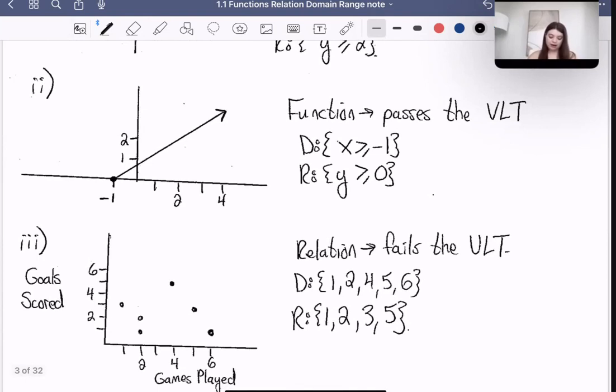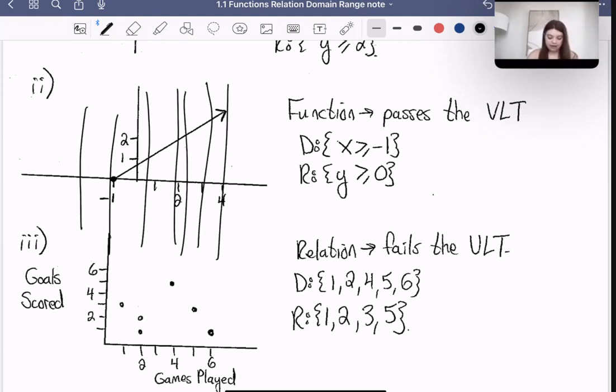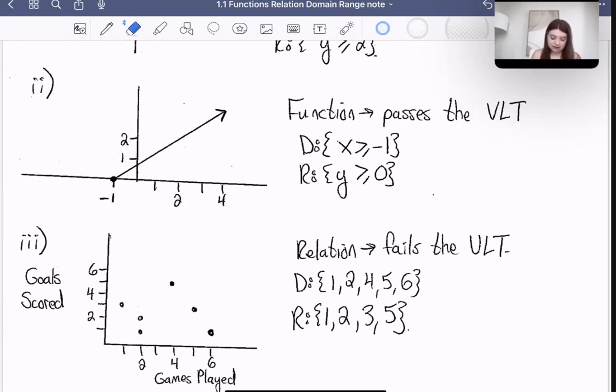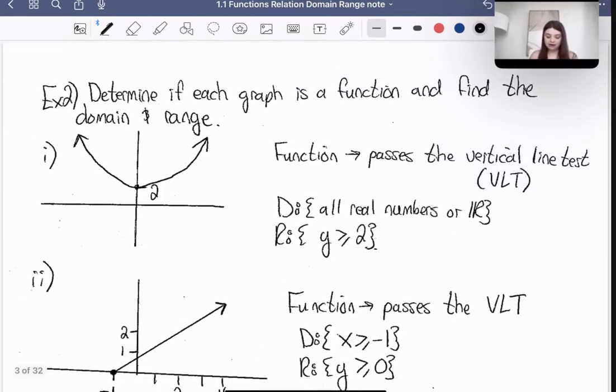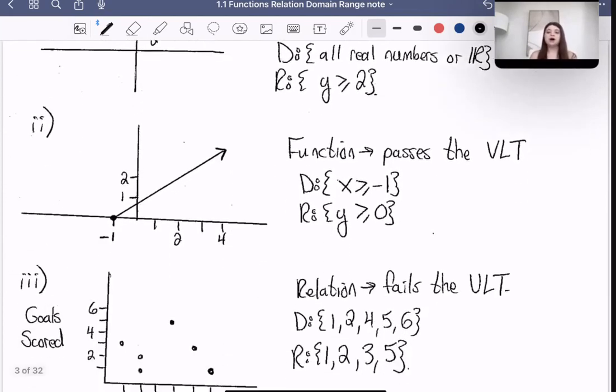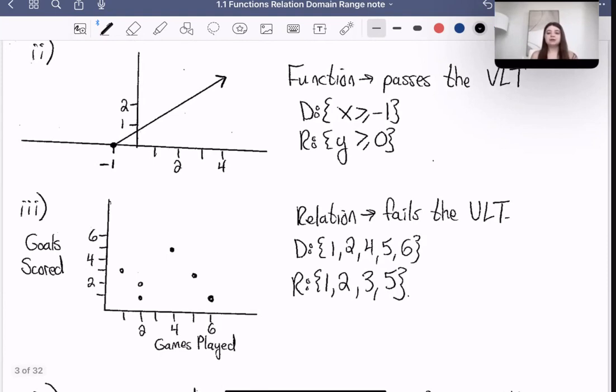This is a line, and so since it's not a vertical line, this does pass the vertical line test because there's no vertical line that I could draw here where I would end up hitting two points on my graph. Okay, so this is indeed a function. In fact, all non-vertical lines are functions, and all quadratics with the y equals ax squared plus bx plus c form are also functions as well, because they all do pass the vertical line test.